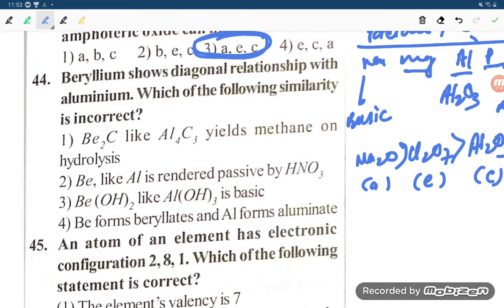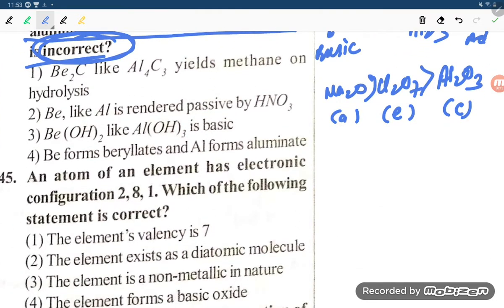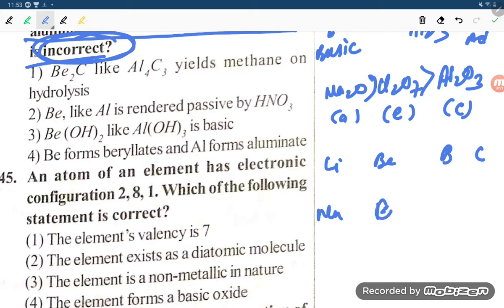Question number 44. Beryllium shows a diagonal relationship with aluminum. Which of the following similarities is incorrect? They are asking for the incorrect similarity, not the correct ones. So student, we know the diagonal relationship: lithium, beryllium, boron, carbon match with sodium, magnesium, aluminum, silicon, so they are diagonally having similar properties.